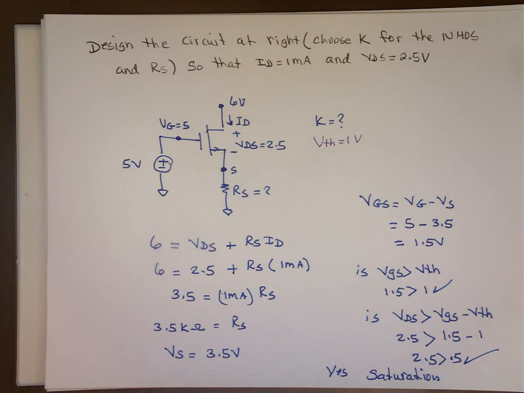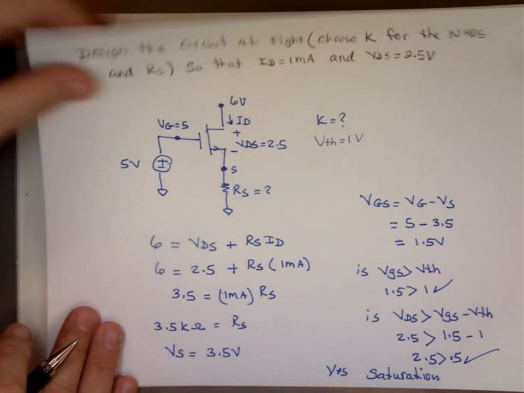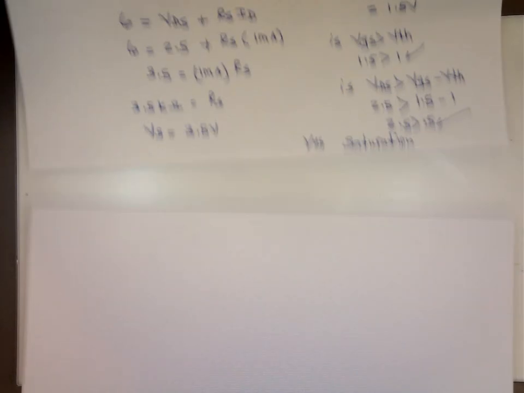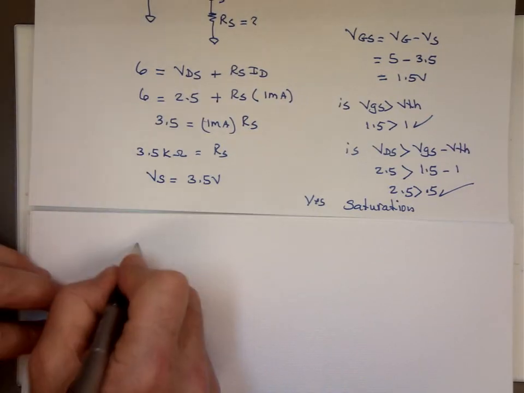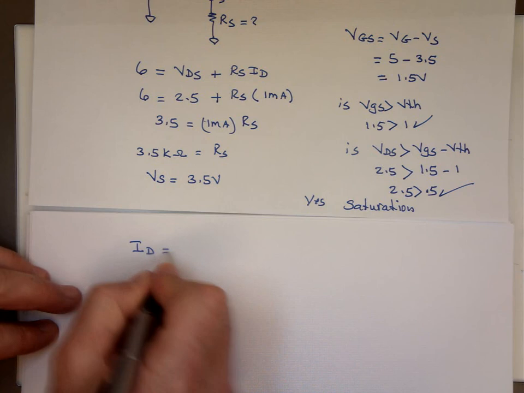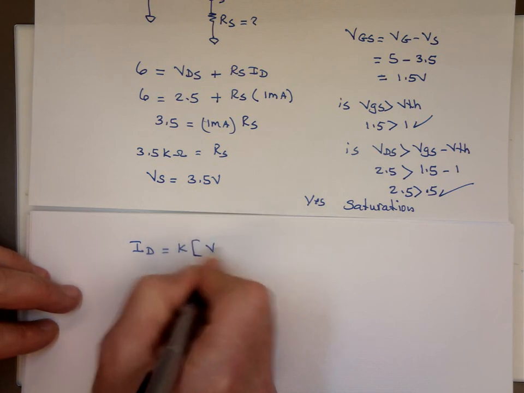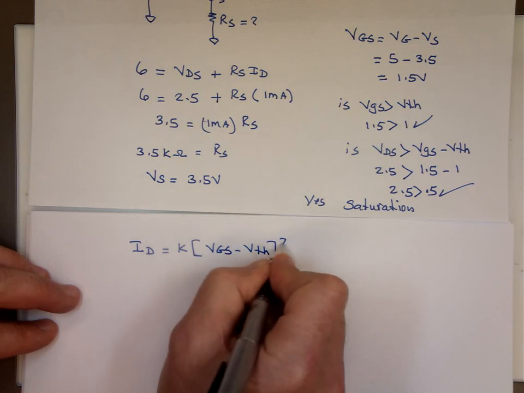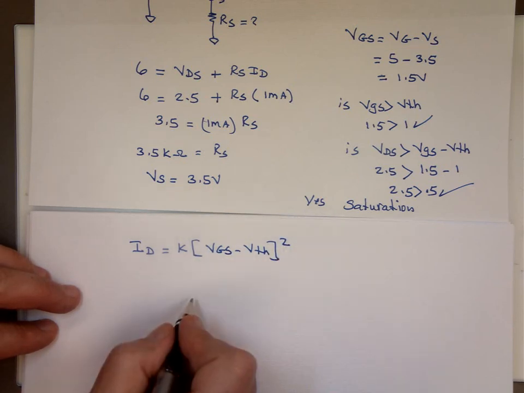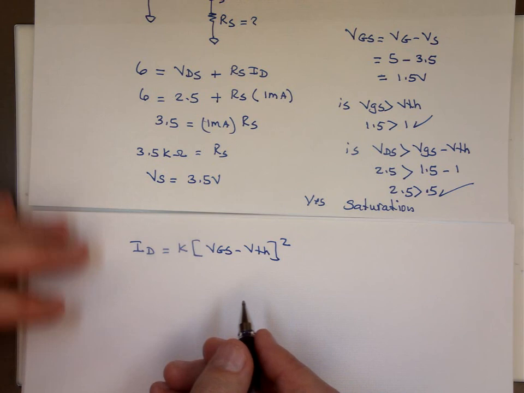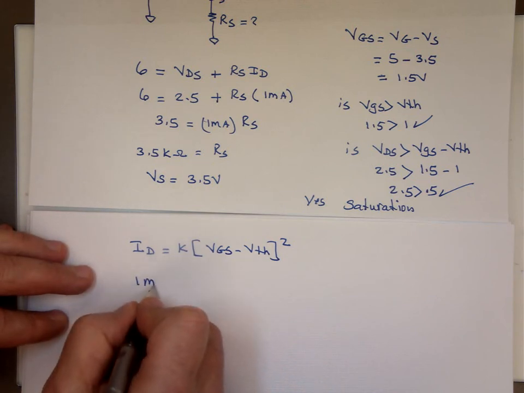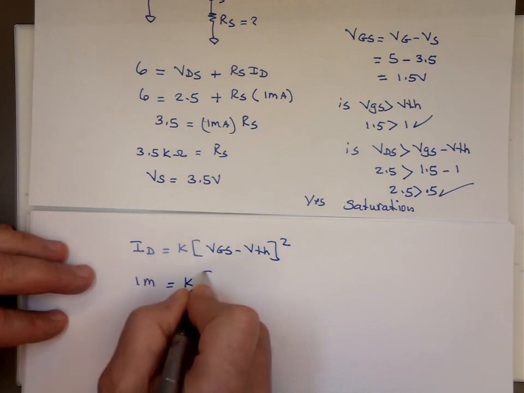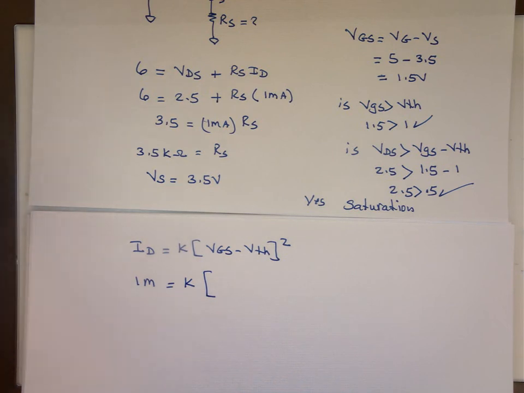If I have saturation, I know what the current is. I of D equals K times VGS minus the threshold voltage squared. I sub D, that was given to us to be 1 milli. K, VGS, we know what that is, 1.5.